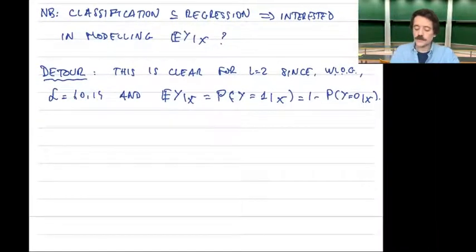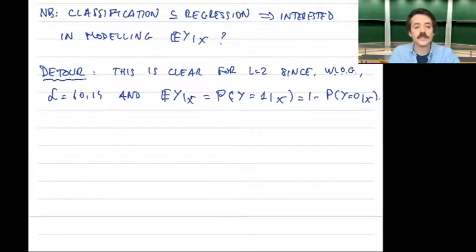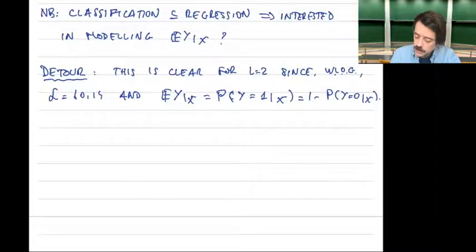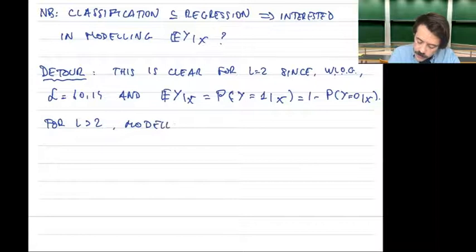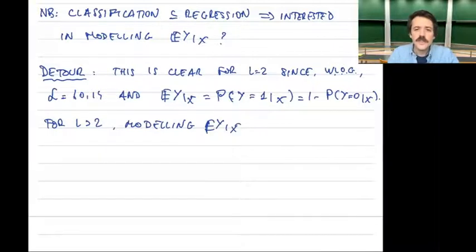Now, what about more than two classes? Let me show you that there is a bit of a complication. For L greater than 2, modeling this expectation may not be as reasonable.